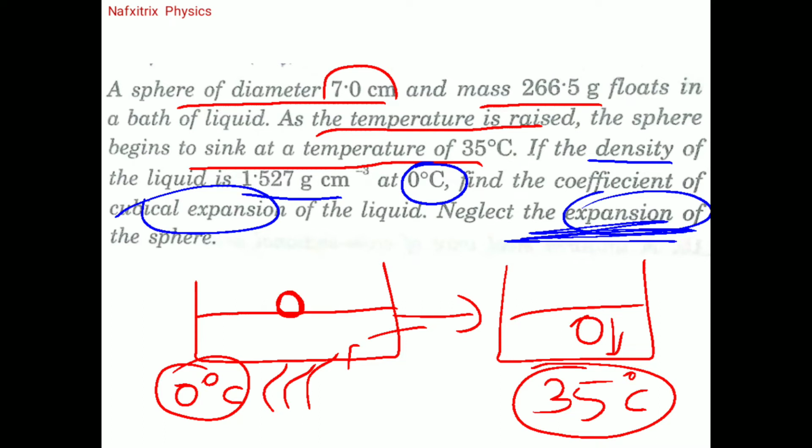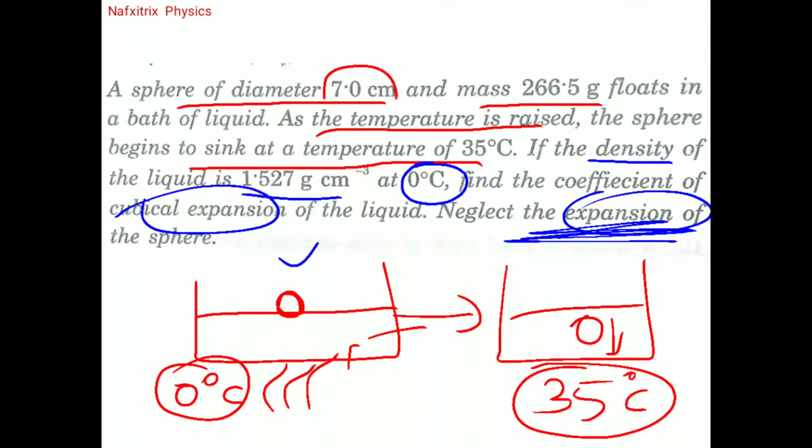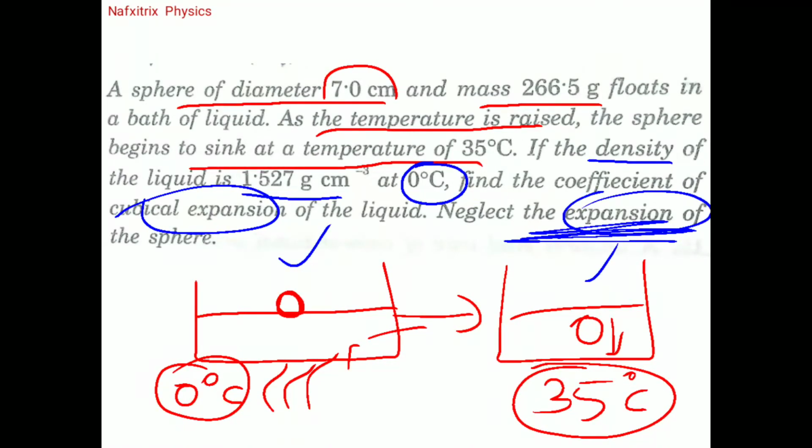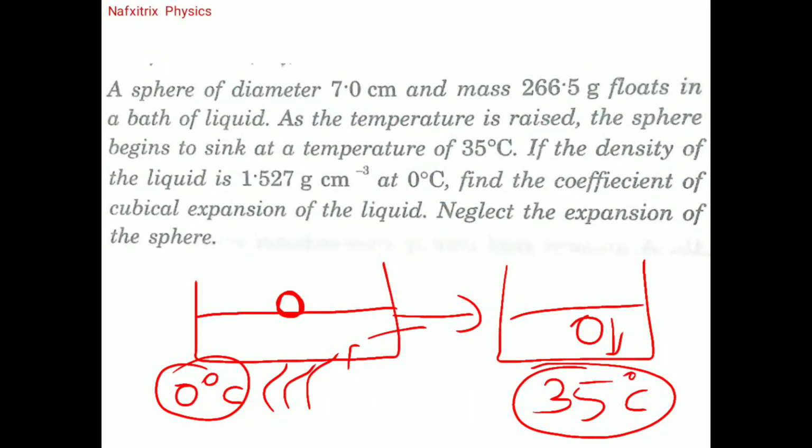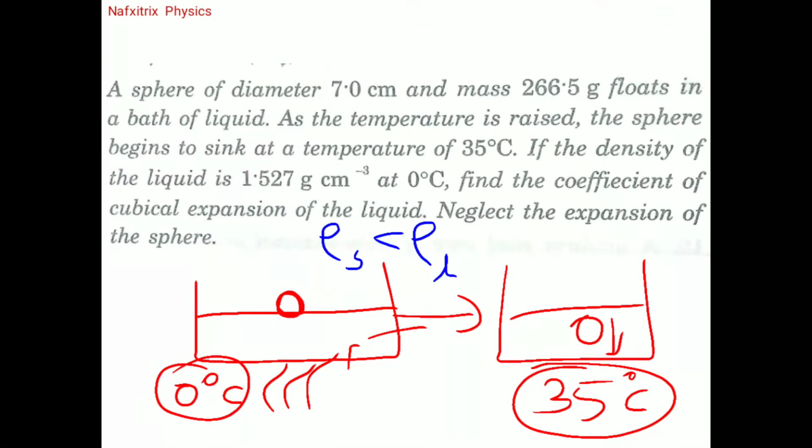Why the sphere was initially floating and next is trying to sink, we need to understand here. When the density of the sphere, let us indicate it with rho, is less than the density of the liquid, it tends to float.